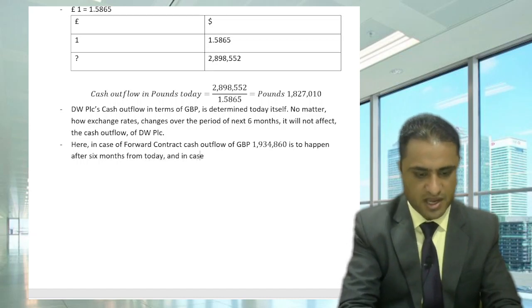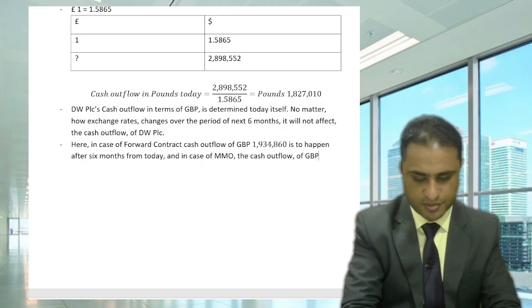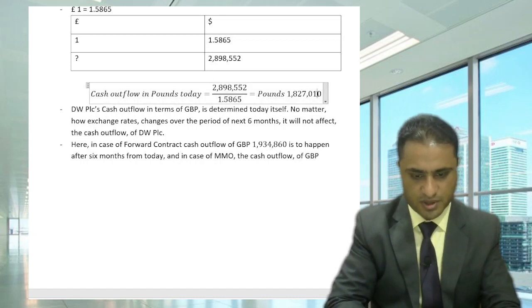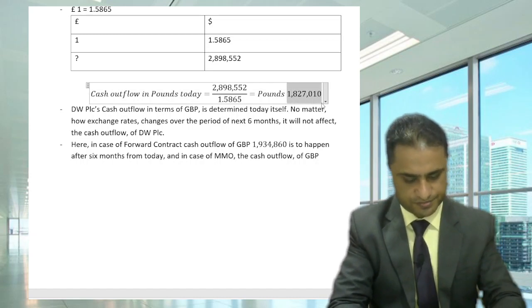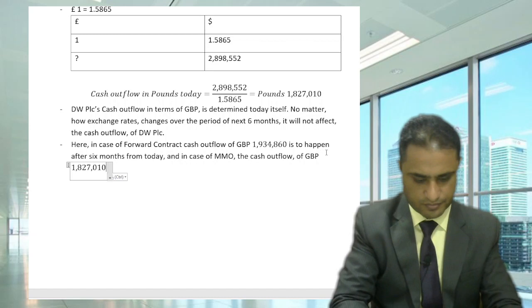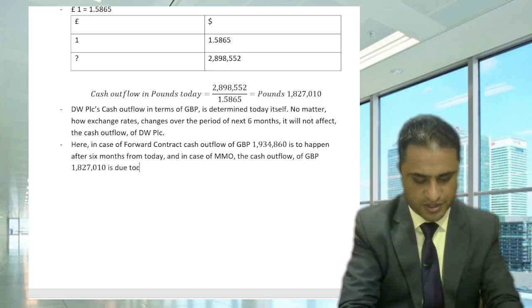And in case of money market operation, the cash outflow of Great Britain pound 1827010 is due today.